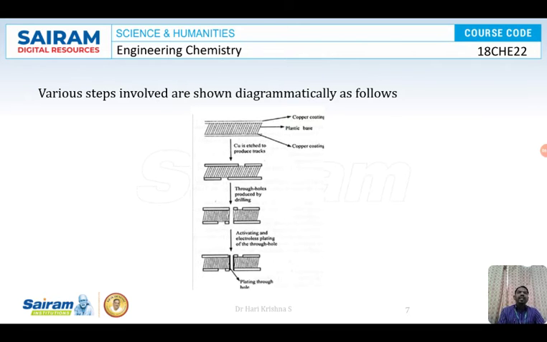First we're going to take a plastic, or epoxy material, and coat copper on either side. Once you coat copper on either side, we're going to print the circuit using etch resistant. What is etch resistant? I'll tell you. I have taken copper, and let us assume this is the plastic. I have printed a circuit on either side using etch resistant chemical.